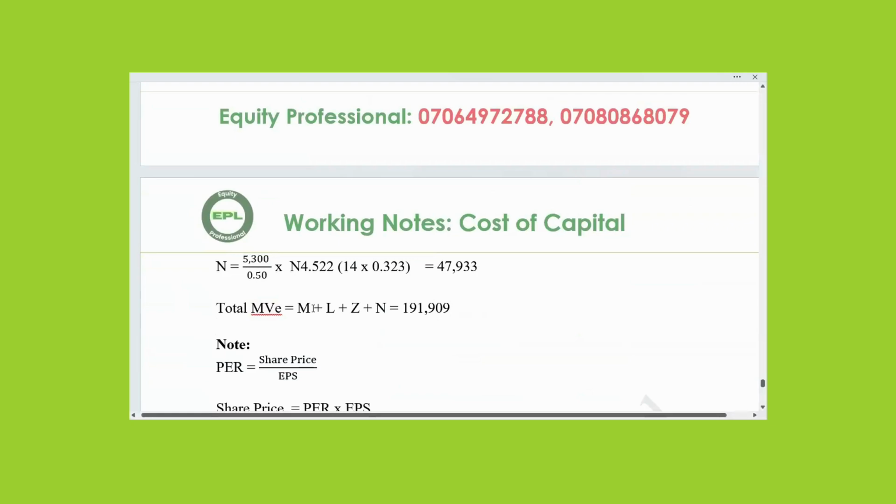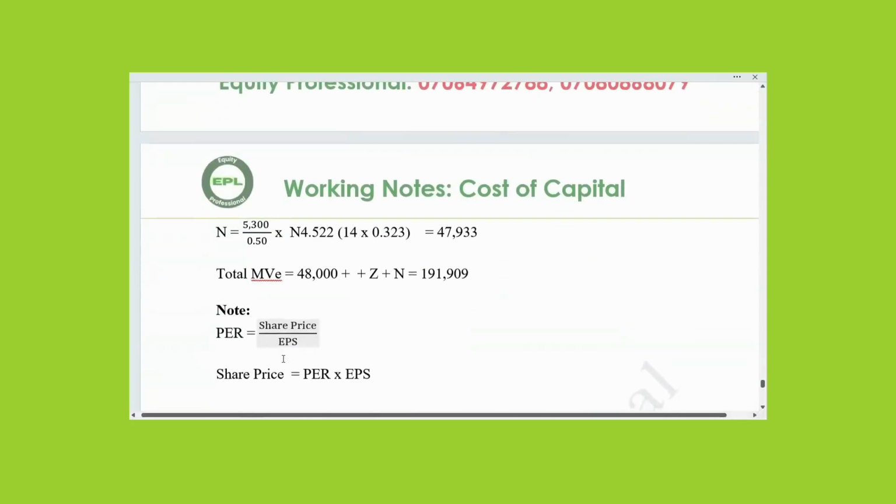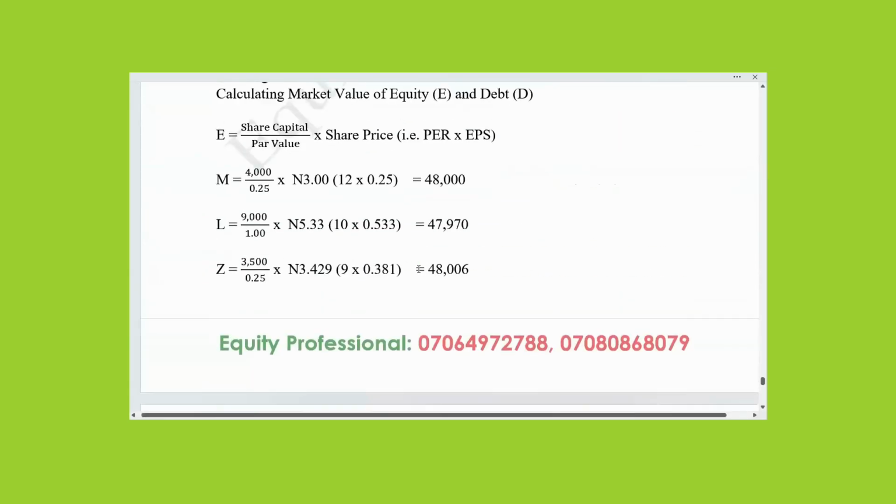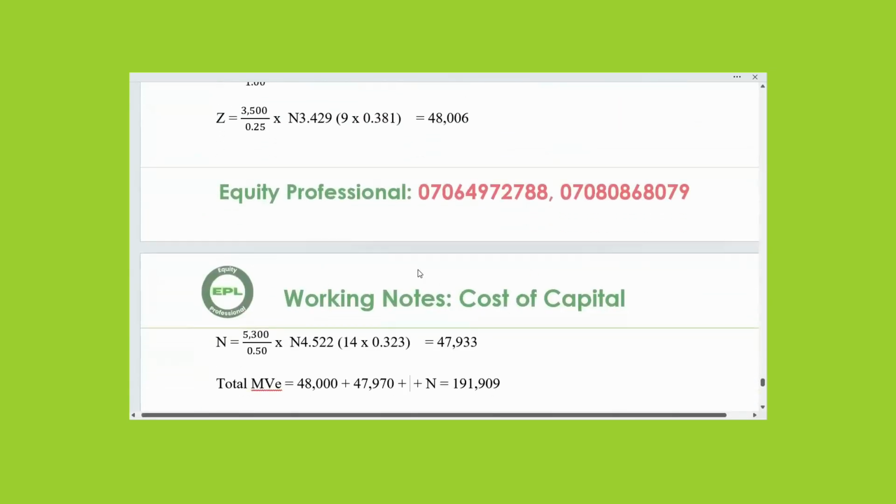All right, let me just write it out. The first one is 48,000 plus the second one is 47,970 plus the third one, which is 48,006. Okay.